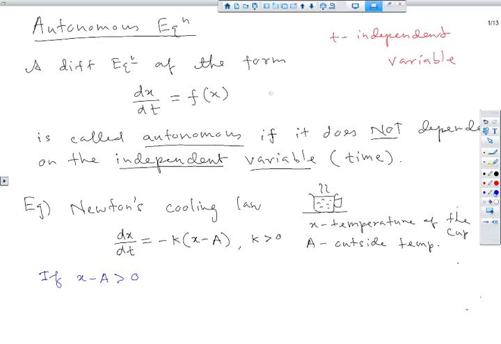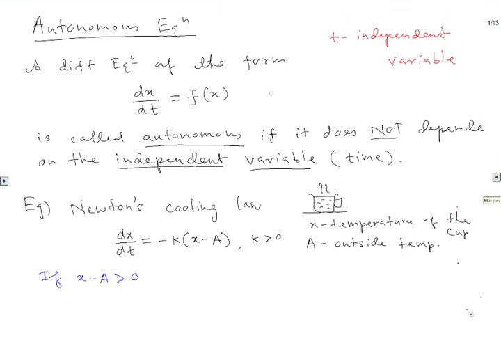Now if x minus a is positive, because k is positive with the negative sign, dx over dt, the rate of change, is going to be negative. So if x minus a is positive, dx over dt is negative, which means x decreases.